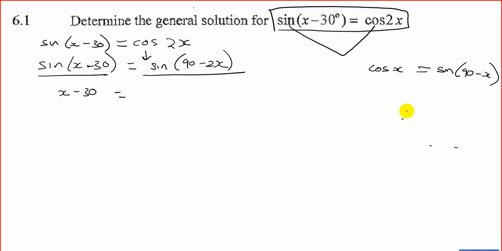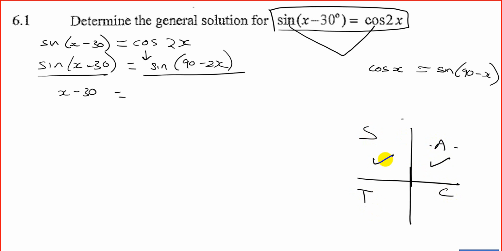But before we do that, remember in our CAST diagram, we need to firstly look at in which quadrants sine is positive. There are always two solutions: quadrant 1 and quadrant 2. And remember your angle formula is 180 minus theta in quadrant 2.